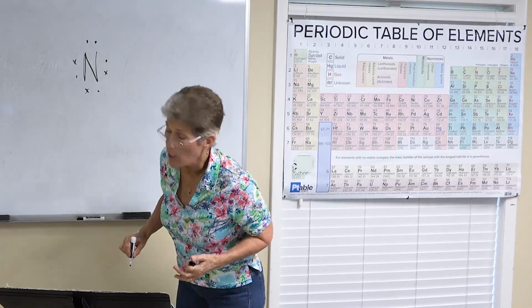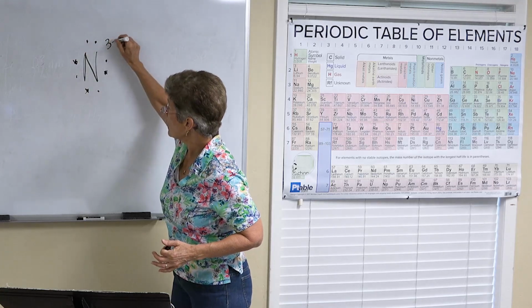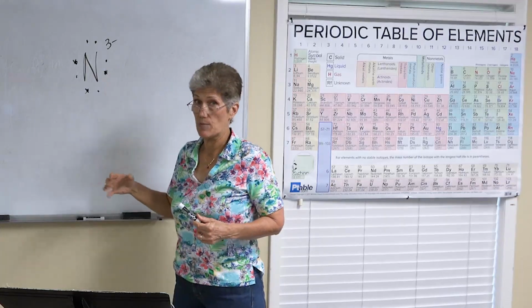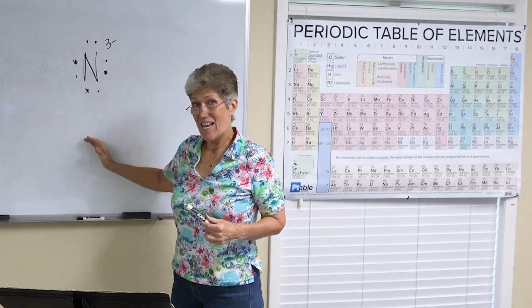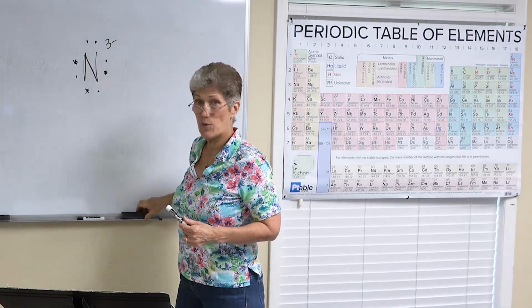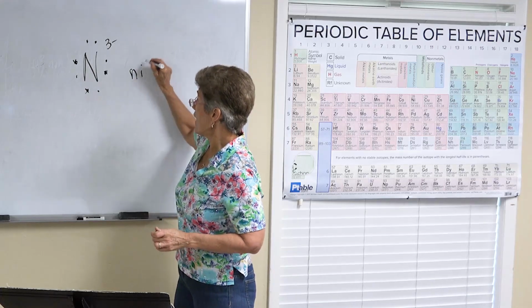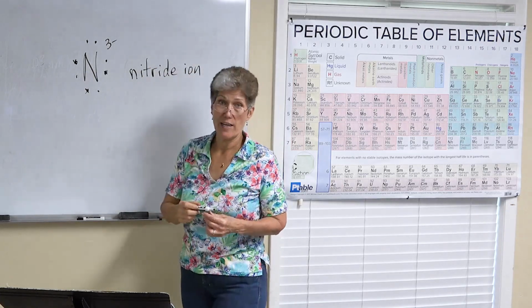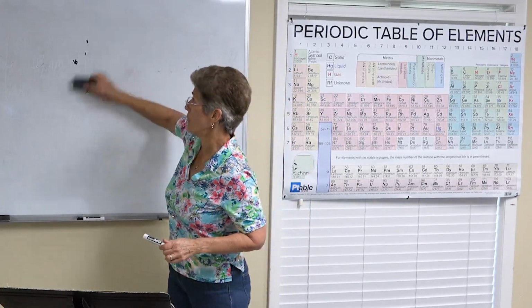Therefore, its Lewis structure would show these electrons, but it would also show a -3 charge because it has gained 3 electrons. Remember, it was 5 valence, and now it's got 8. So 5 minus 8 is -3, and therefore it would end up with a -3 charge, and we would call this a nitride ion. Remember, the negative ions take on the "ide" ending, so it would be a nitride ion.